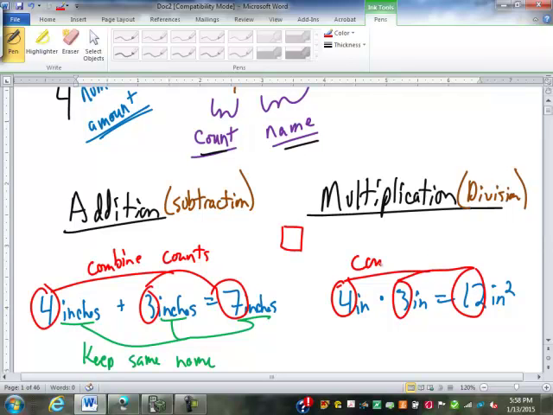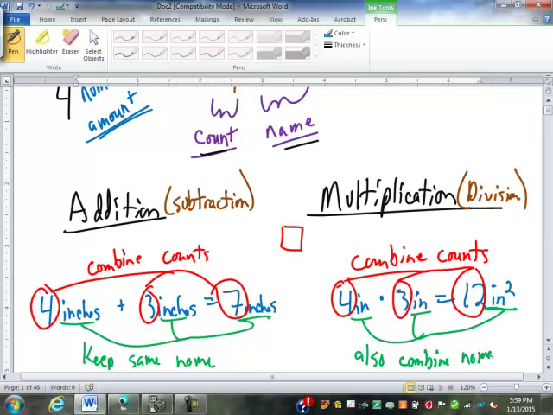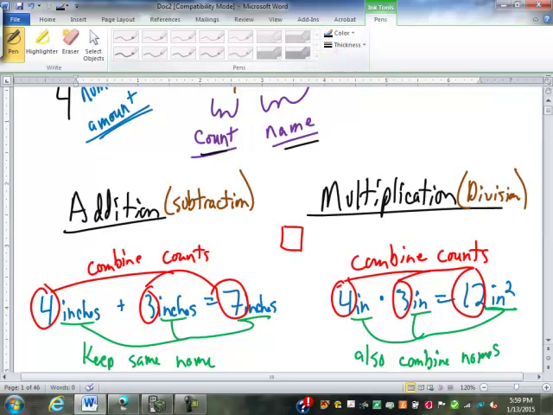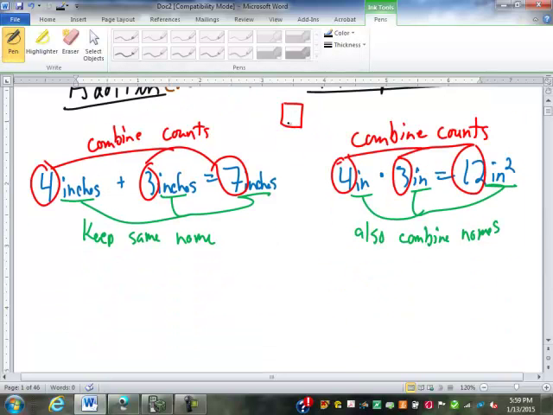So we still combine the counts. This time we were using multiplication. But the differences in the names, we had inches, and it became inches squared, or square inches. When we multiply, we also combine the names. Which seems like just a small little nitpicky thing, but it has some huge consequences. In fact, it tells us what we can and can't use in each operation.